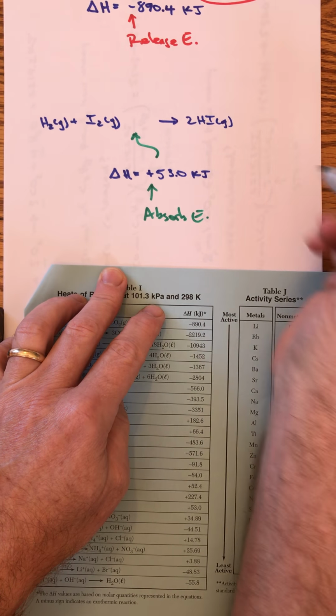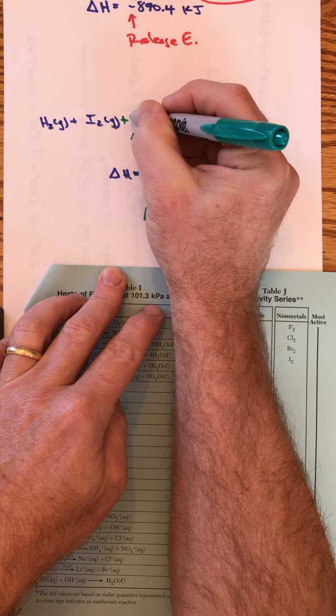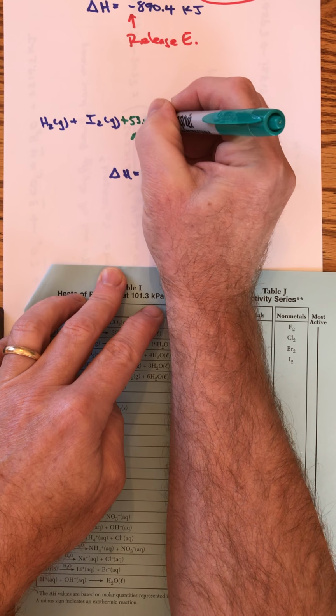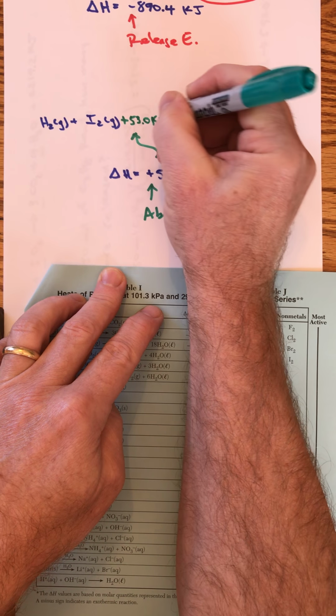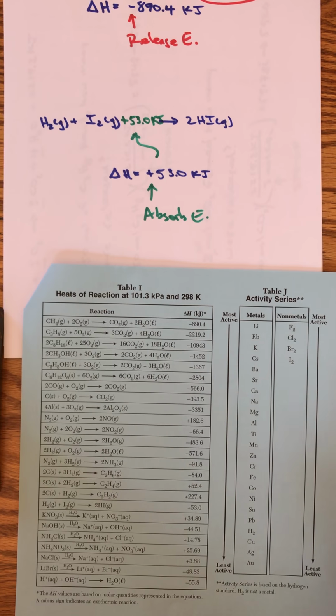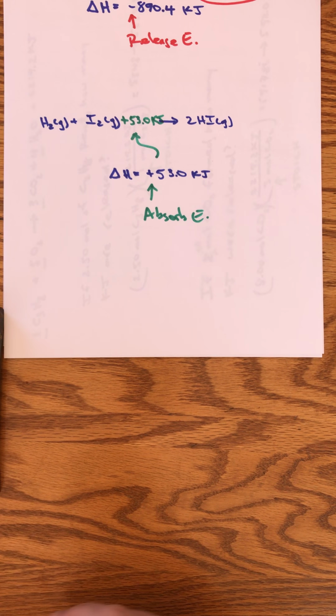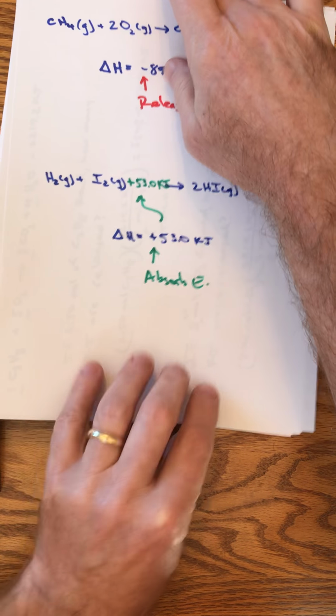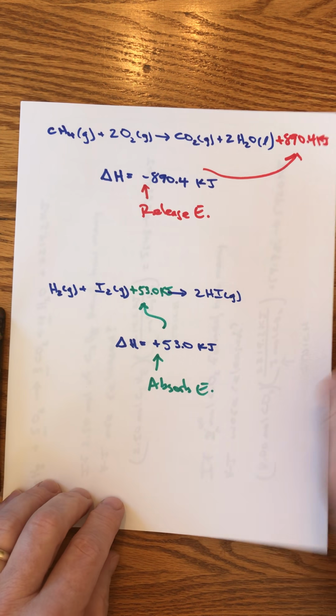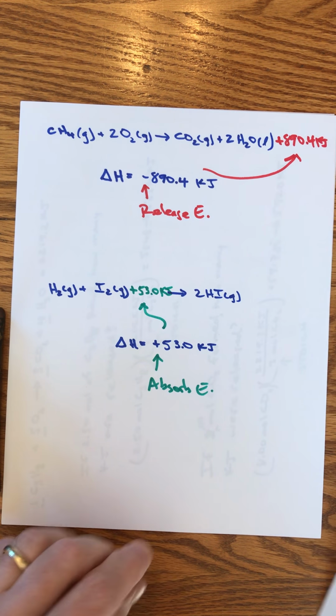Goes on the reactant side. And 53.0 kilojoules. So the negative sign tells you which side of the equation you're going to put the energy on. But in the equation, the energy is always a positive value.